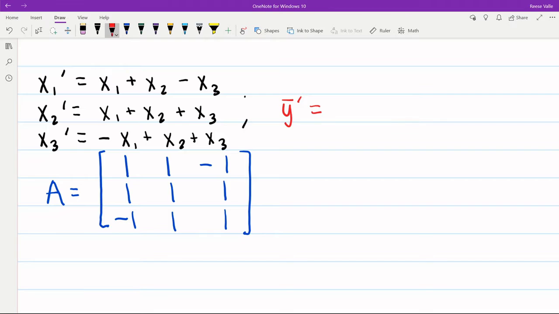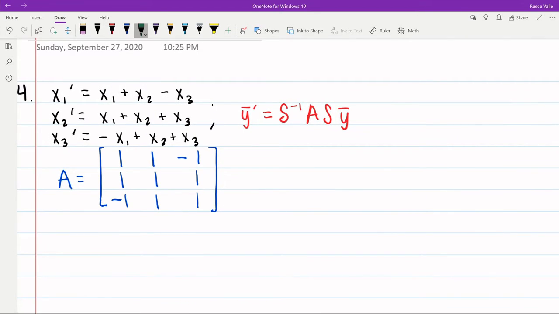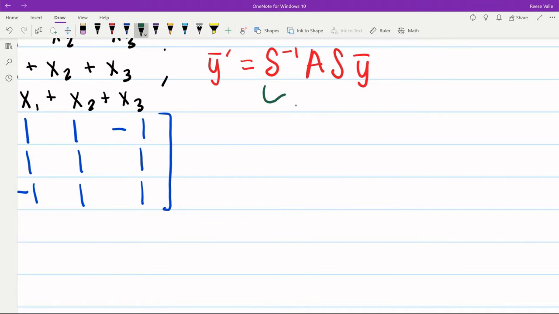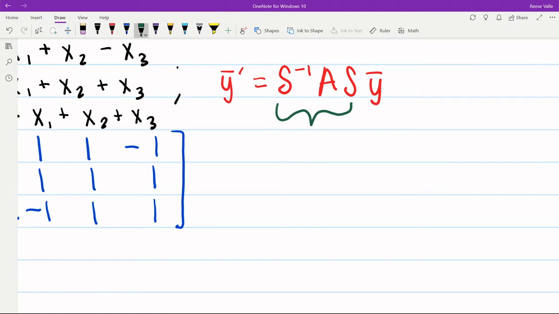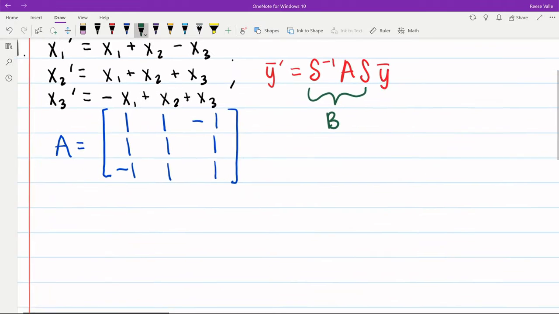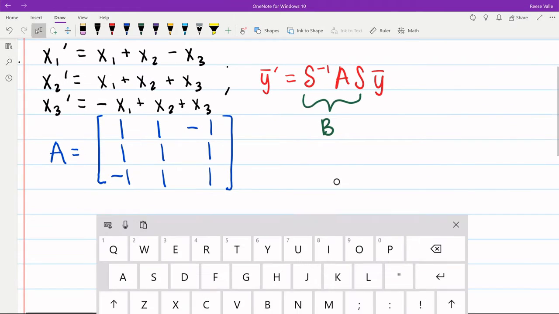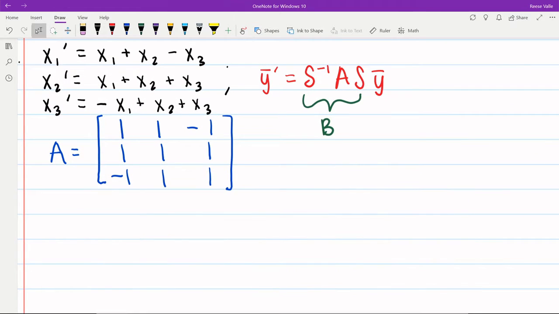The derivative of the y vector equals S inverse times the A matrix times S multiplied by the y vector. You also want to remember that S inverse A S is equal to B, but we'll get to that part later.